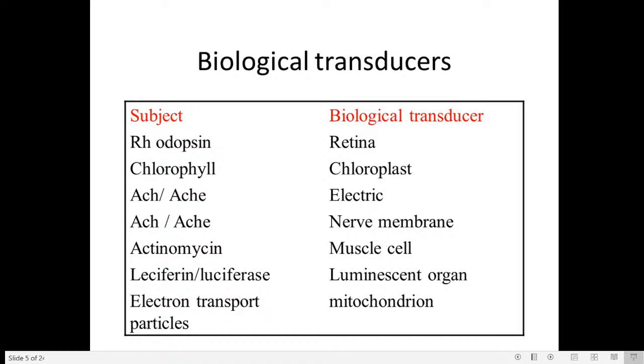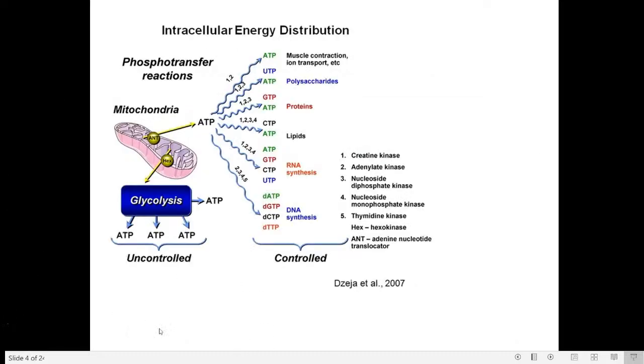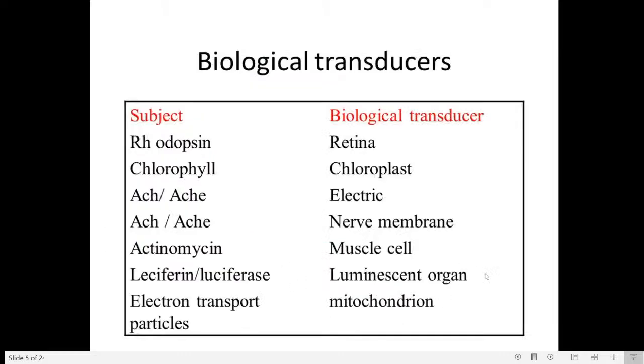Then, other than that, there are some biological transducers, compounds involved in organelle and cell transduction, that is, how the cell's internals communicate. Here, organ to organ, the energy transducers and biological transducers are listed.